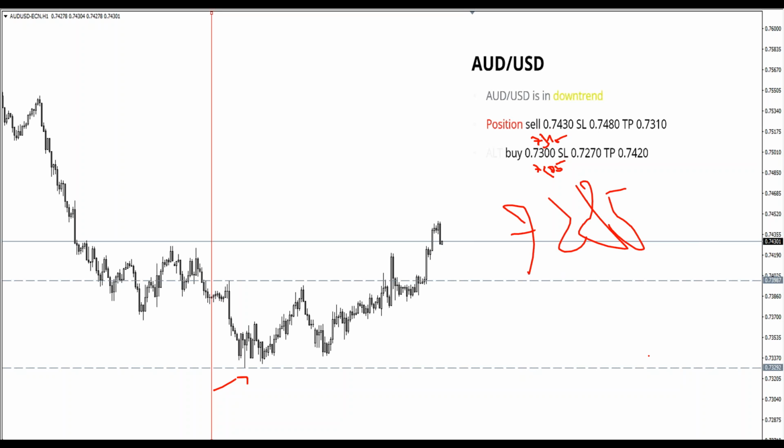Well, as you can see, our Australian dollar almost made it to the POC zone, but unfortunately, it didn't hit the POC zone. But at least what you could have done is follow the trend.